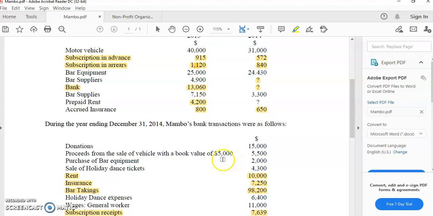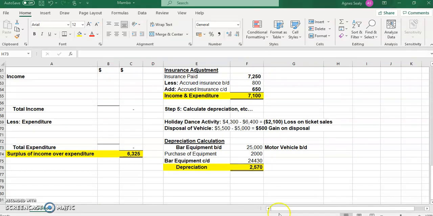So what we're going to do is look at what they started with, and we're going to subtract the one that they sold, that value $5,000, and then we will subtract the motor vehicle's value at the end to come up with our depreciation for our motor vehicles.